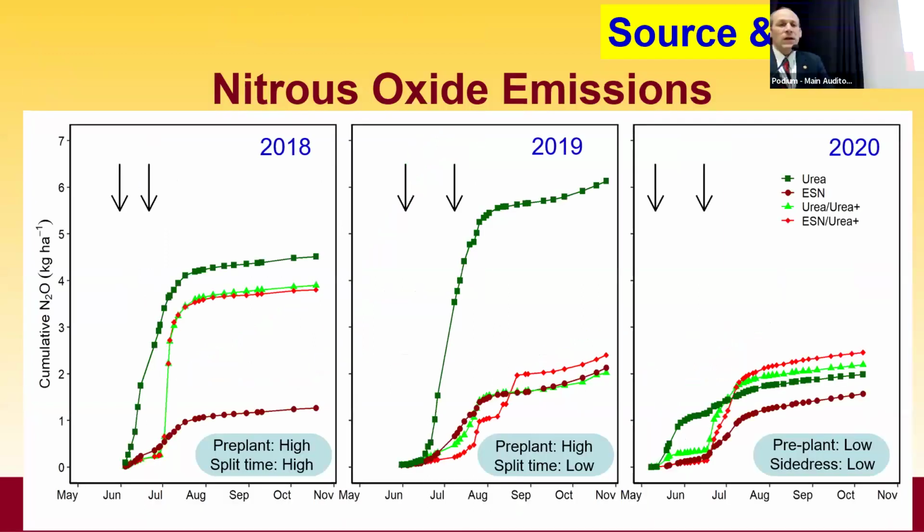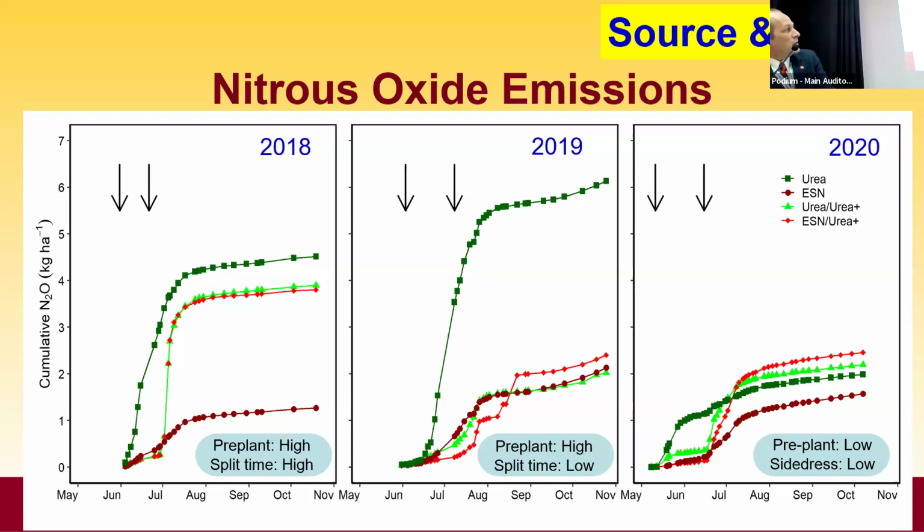And then looking at nitrous oxide emissions, again, 3 different years, 3 different stories. In this first year in 2018, we had high loss potential at pre-plant and split timing. And you see that urea lost quite a bit, and the split treatments as well. ESN pre-plant was very low.